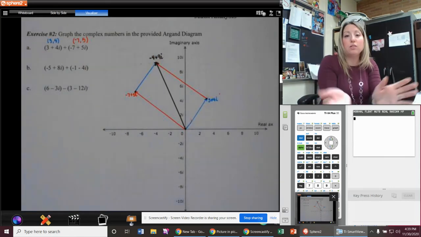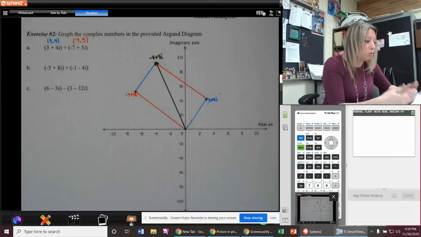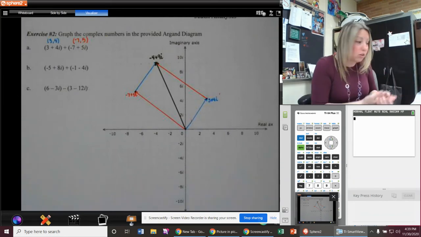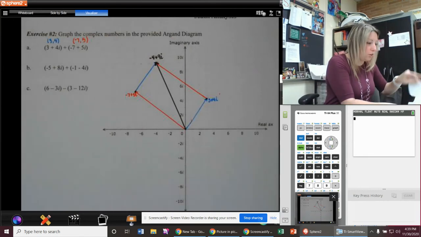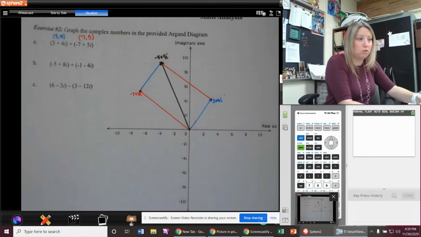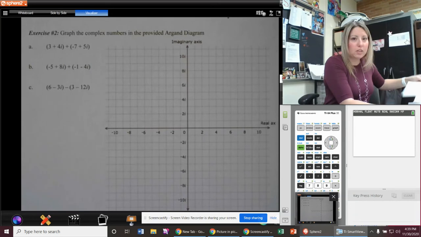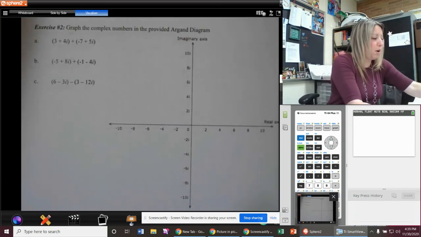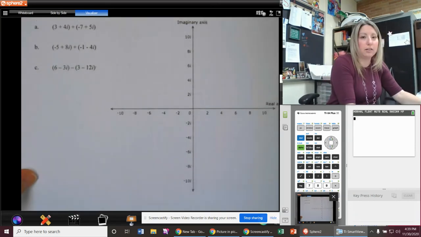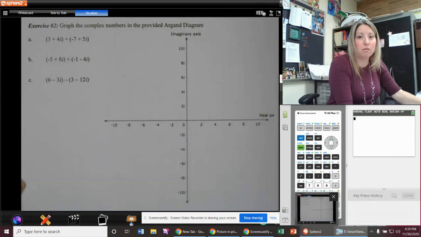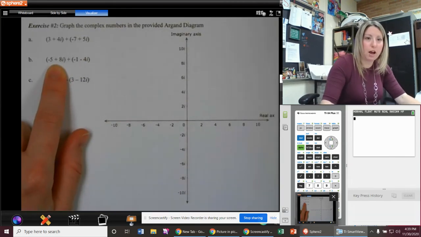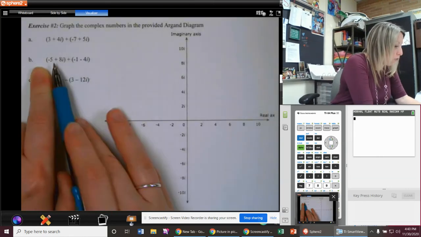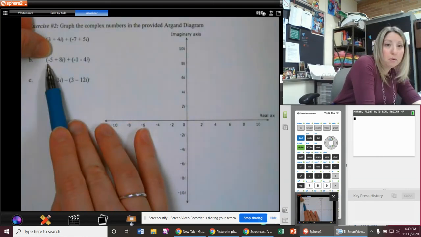Okay. Now, that's the only one I'm going to do that way. The rest of them, I'm just going to find their answer and put it on the graph. Now, I do have another copy of the graph for me to do it this way. That's my original. But I'm going to do this copy on it right here just in case I need my original for anyone. Okay. So this time, to graph this guy I'm just going to add my like terms.